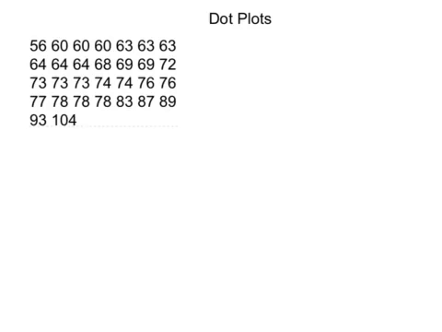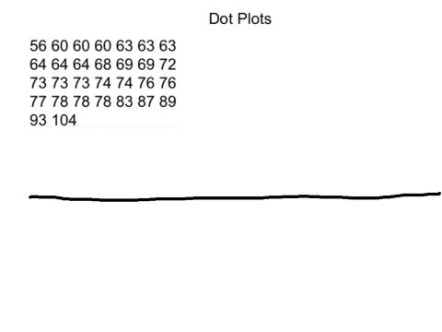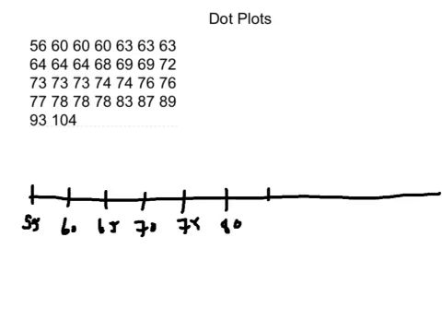So a third type of plot that we'd like to talk about is a dot plot. So again, using our exam data set, what we'll do is just draw a number line, and then here I'm going to start at, say, 55, 60, 65, 70, 75, 80, 85, 90, 95, 100, and then 105.